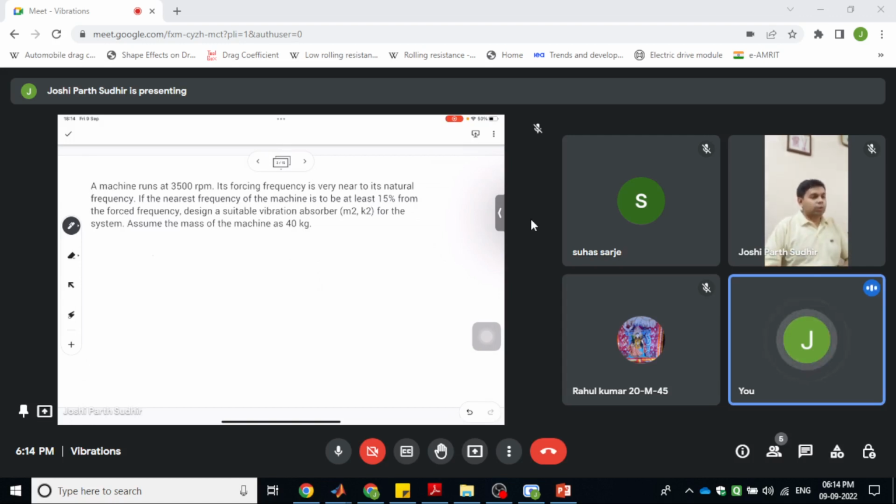In this problem we will be going through that similar concept. It is given that a machine is running at 3500 rpm, and its forcing frequency is very near to its natural frequency. So 3500 rpm corresponds to the natural frequency of the machine. Let us say n1 is the speed of the machine, that is 3500 rpm.